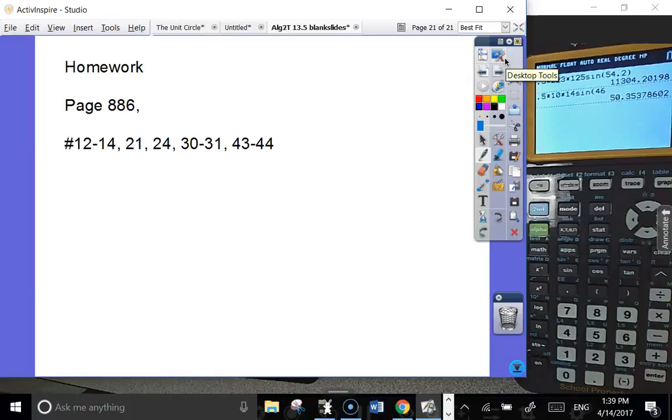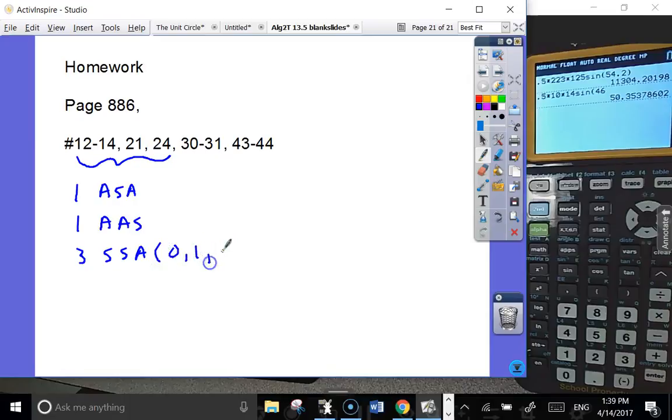So now, on the homework here, there's these 5 problems that are one each. There's one angle, side, angle. There's one angle, angle, side. There's 3 of the side, side angles. There's one with 0, one with 1, and one with 2 triangles.